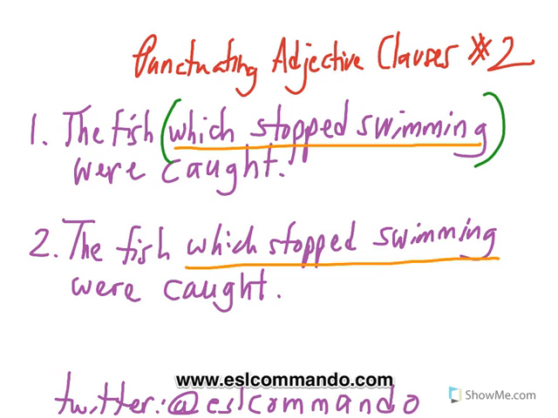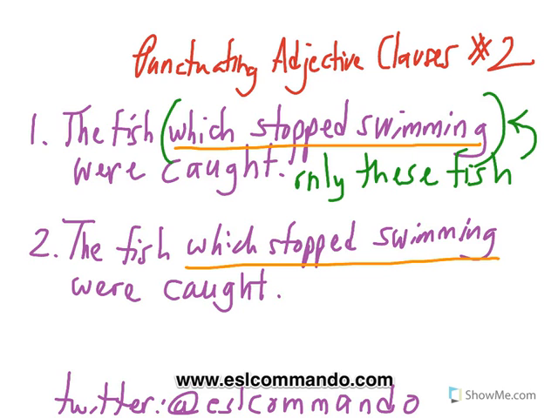Only those fish, only these fish that are described with this adjective clause. So let's say someone went fishing and in a small area there were a bunch of fish, and the fish which stopped swimming were the ones that the man or the fisherwoman caught.